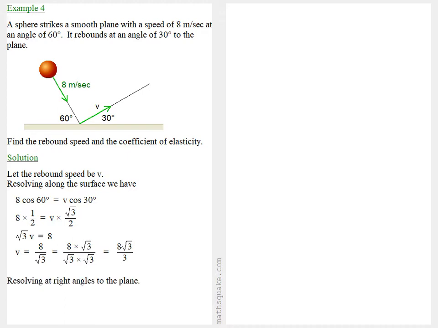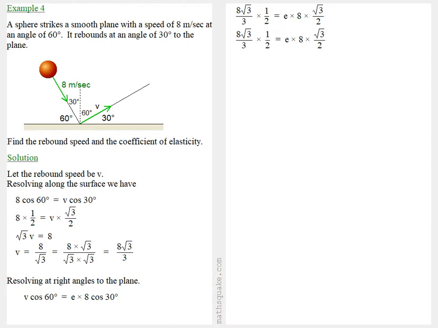To find e, if we resolve at right angles to the plane, we can fill in the angles normal to the plane as 30 degrees and 60 degrees. Then we get v cos 60 equals e times 8 cos 30. Now v is 8 root 3 over 3, and cos 60 is a half, so we have 8 root 3 over 3 times a half equals e times 8 times the cosine of 30, which is root 3 over 2.